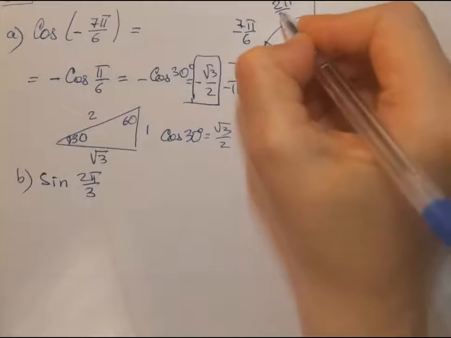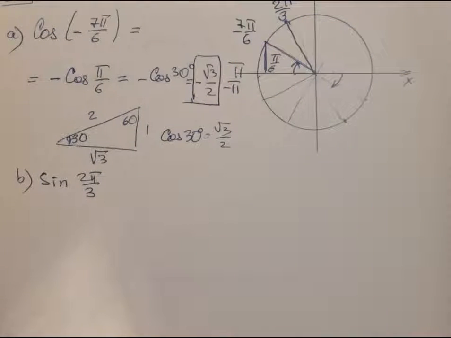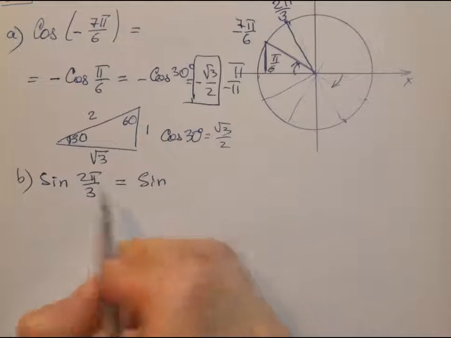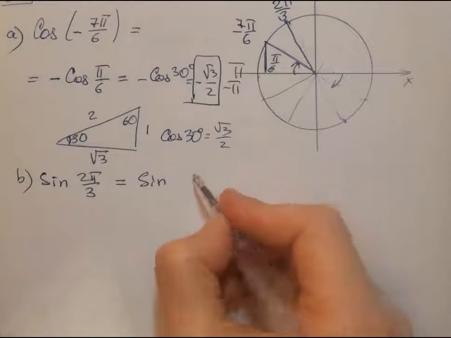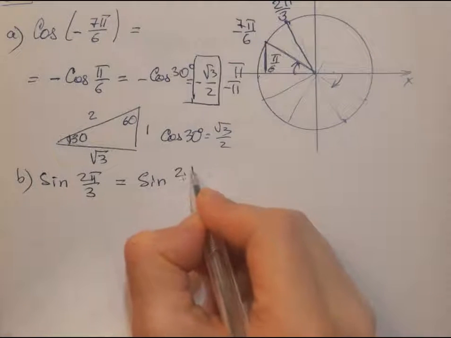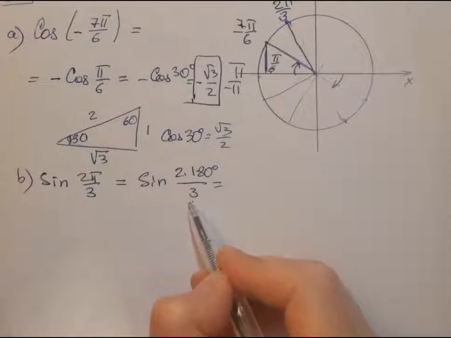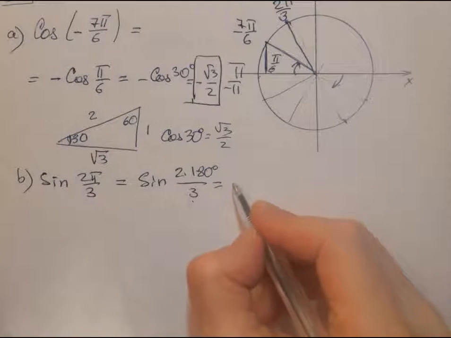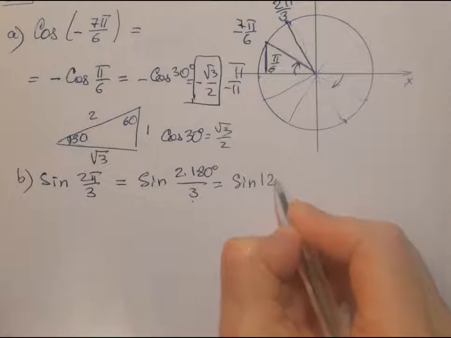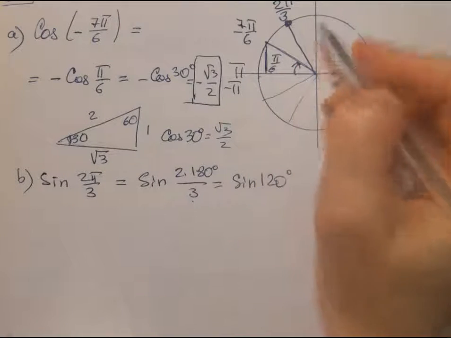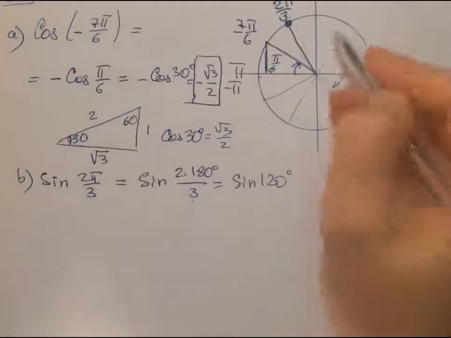And it is the same as 120 degrees. You can replace pi with 180: 2 times 180 degrees over 3. 180 over 3 is 60, 60 times 2 is 120. Sine of 120 degrees. Whichever method you prefer doesn't matter, what is important is that you locate this angle correctly.